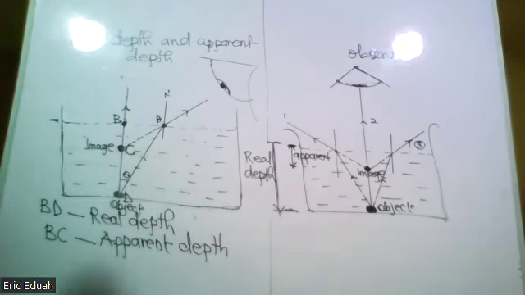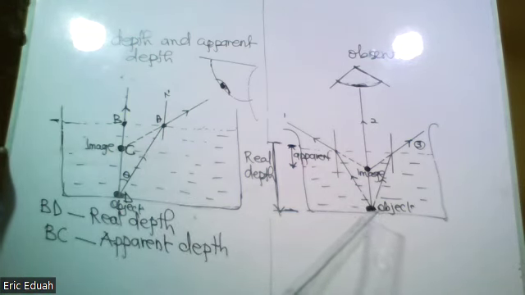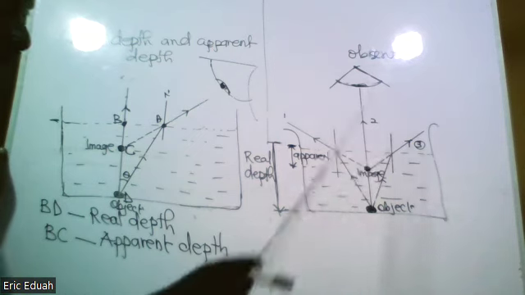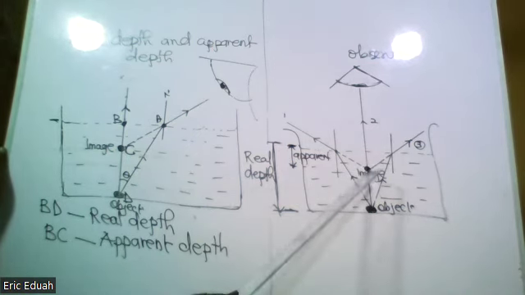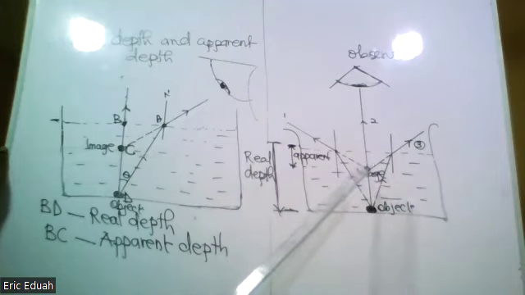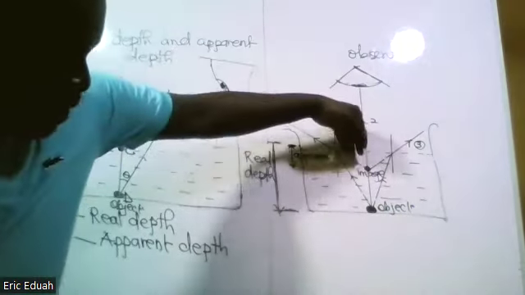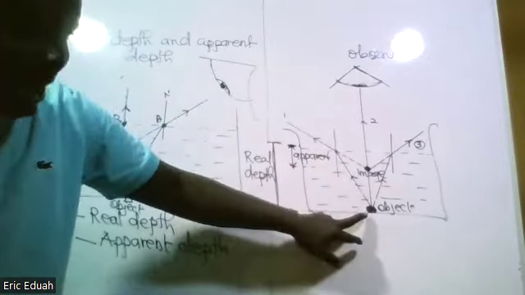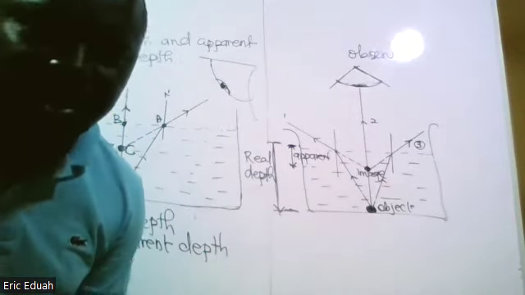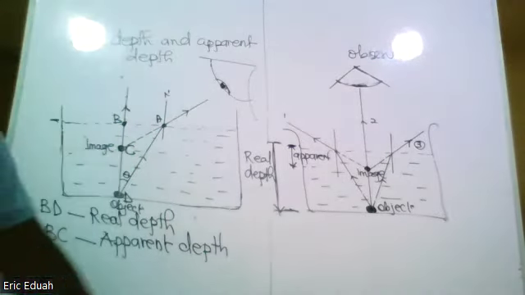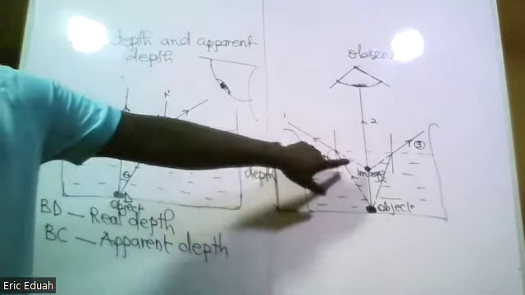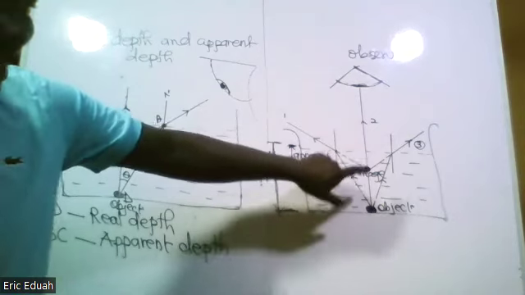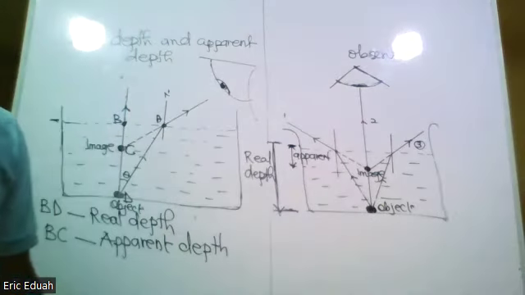So if this were a fish in an aquarium, when you look at this fish up here, it would appear to you that this is the position of the fish. So you dip your hand to this level to catch it, and it is well dodged because this is the actual position. But due to refraction, you are seeing it to be here, and the fish would always swerve you.